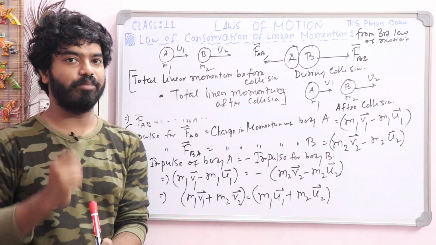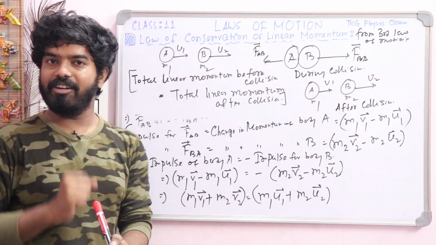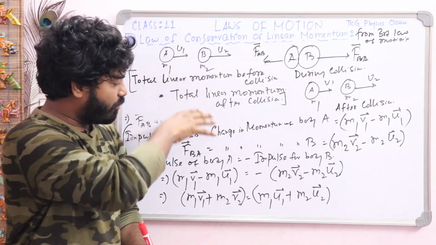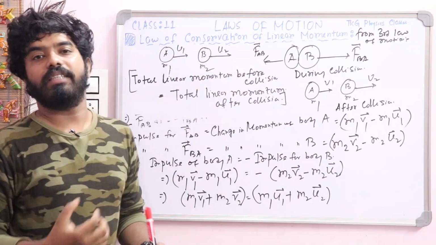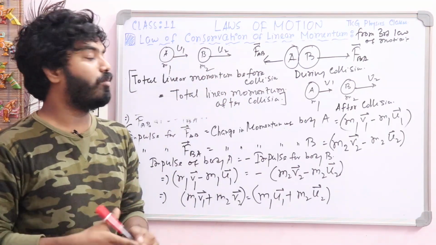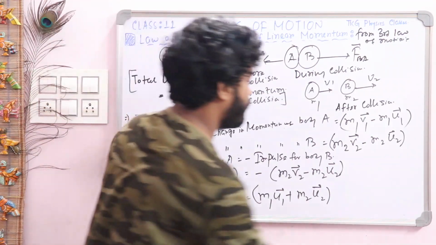You see our starting point, that is FAB is equal to minus FBA. This is the third law of motion, and from this third law of motion we prove that the total linear momentum before collision is exactly equal to the total linear momentum after collision. Okay, now the third case, our third theory.